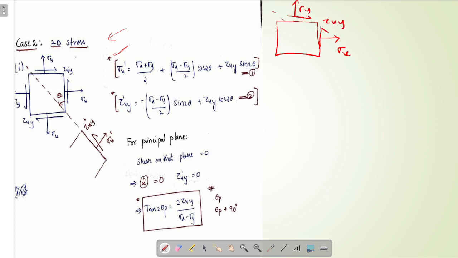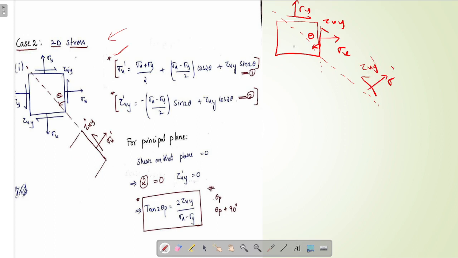And we have considered theta as anti-clockwise angle with sigma x plane. Remember, with sigma x plane, and the tau xy dash and sigma x dash obtained will be in this direction.